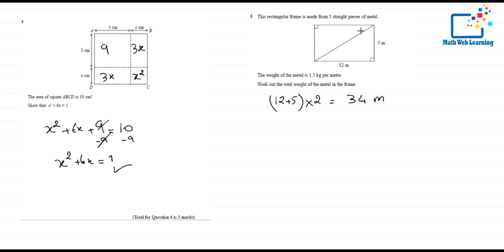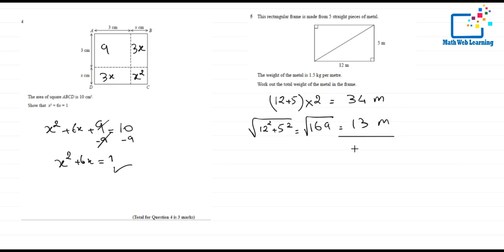Now we need to find the diagonal, which is the hypotenuse of this right angle triangle. So we have to use Pythagoras. So we need to do 12 squared plus 5 squared, and of course square root the answer. If you did this, you get 169. And you know the square root of 169 is 13. So the diagonal is 13 meters.